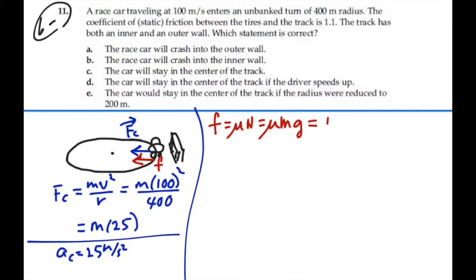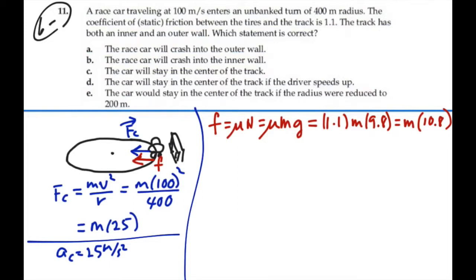So that's going to be equal to mu, 1.1, times the mass times 9.8, and that will be equal to the mass times 10.8. So the acceleration of that frictional force is 10.8.